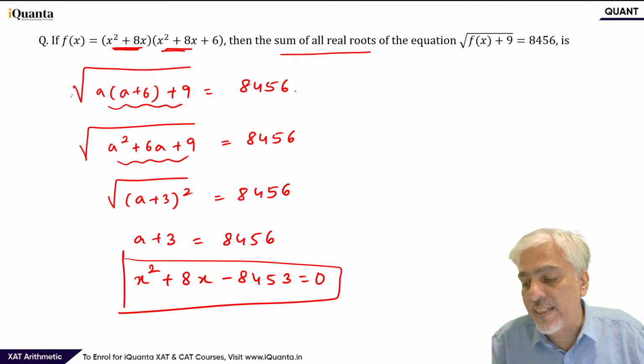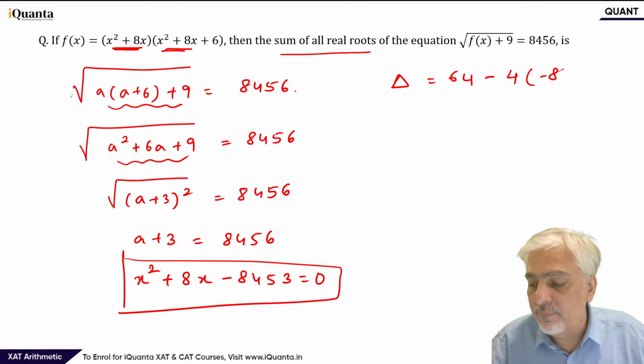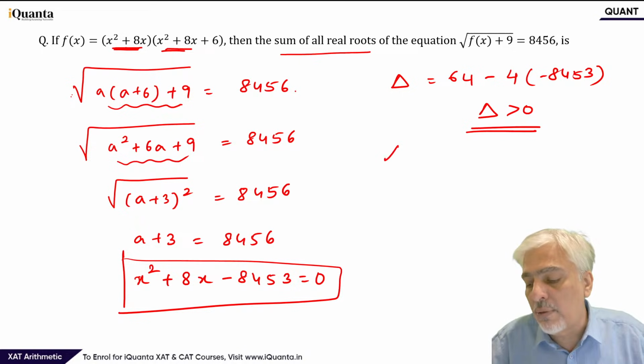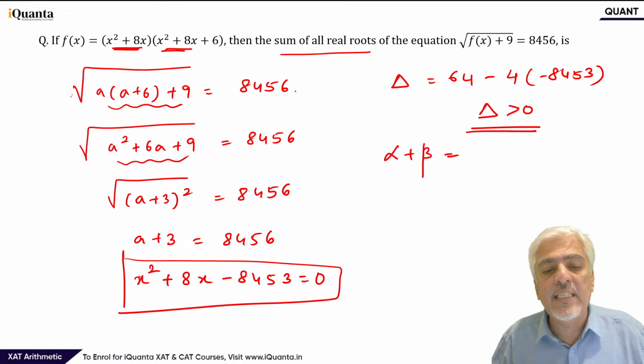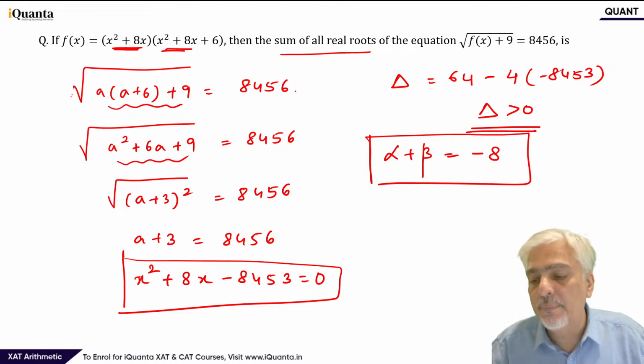So first of all, I should just find delta. What is delta? B square minus 4ac. So delta is definitely greater than zero. No need to solve. Delta is definitely greater than zero. So the sum of the roots alpha plus beta is minus b by a. So the answer is minus 8. Are we clear everybody?